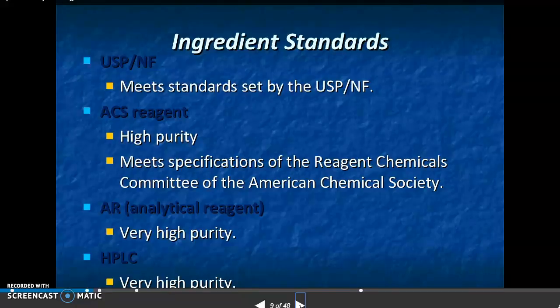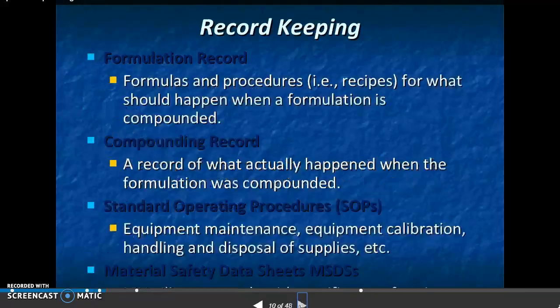You are using what they call analytical reagents that have a very high purity, and there's something called HPLC, which also has to be of very high purity. And I will come back and talk about what HPLC is in the next segment.